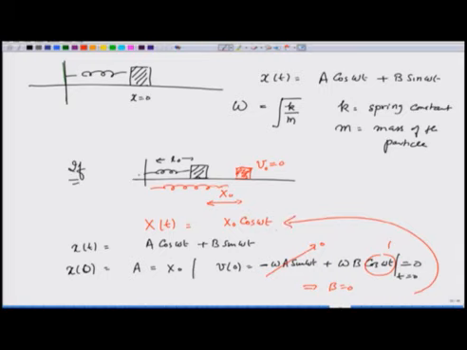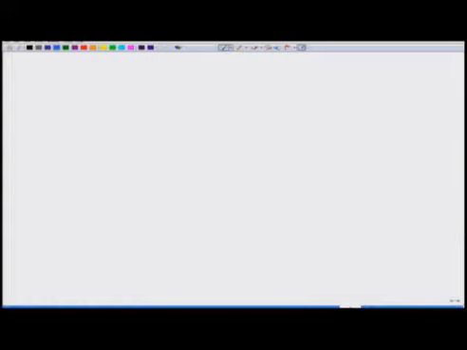That is one possibility. Other possibility is I take this spring mass system and give it a hit, so that when it was at t equal to 0 at x equals 0, it got an initial velocity v 0, say in the positive direction.